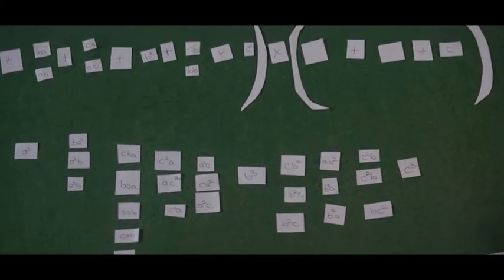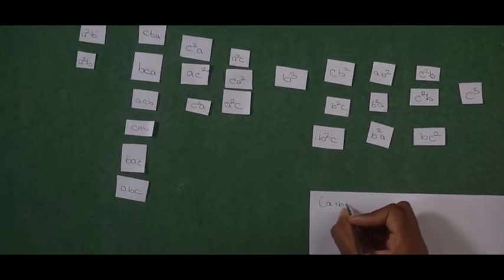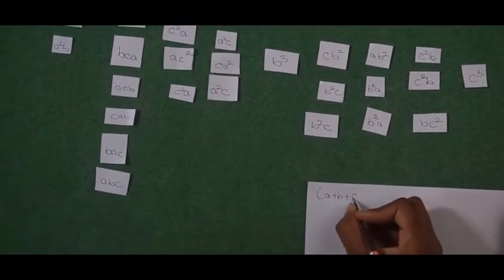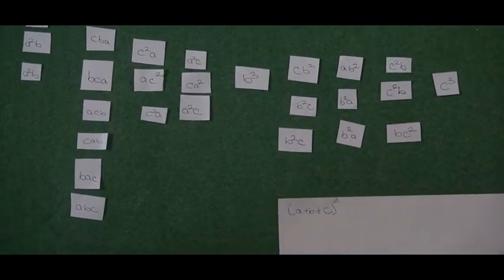So, our trinomial A plus B plus C cubed. That's what we have here. You can write it down. A plus B, make it bold, plus C. This is our trinomial cube.